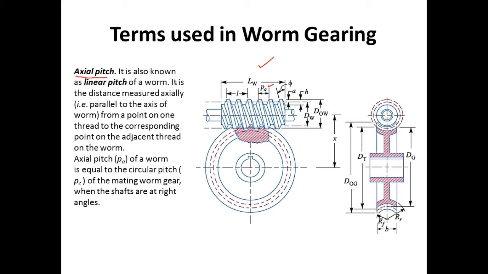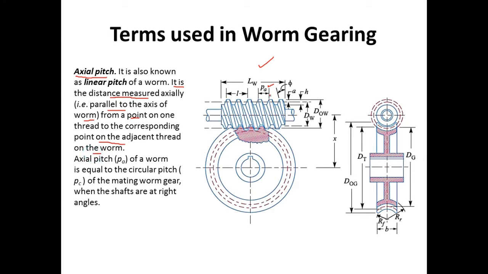In bookish language, it is the distance which is measured parallel to the axis of the worm from a point on one thread to the corresponding point on the adjacent thread on the worm.